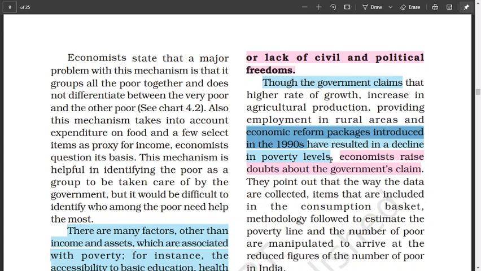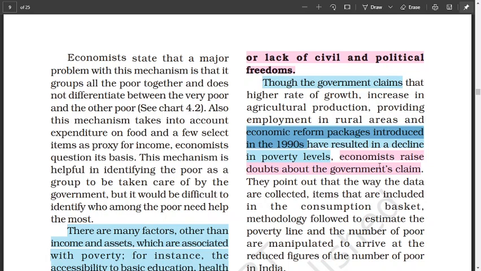The government has brought many developmental programs, and out of that there has been a decline in poverty, but critics are there, economists raise doubt about this claim. So that's about seeing the weakness of the government policy.